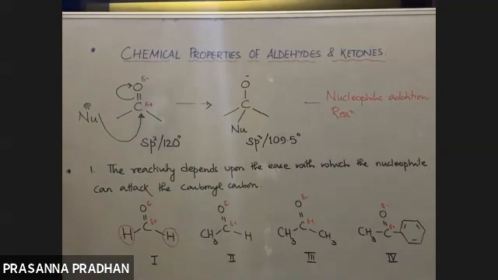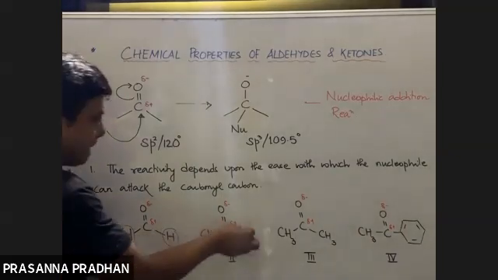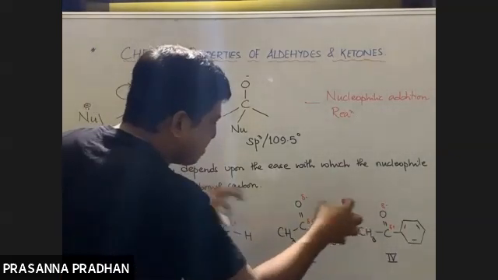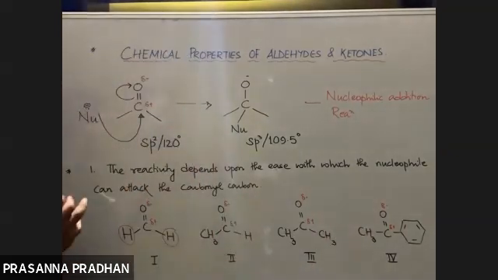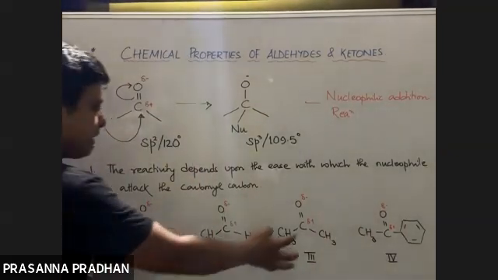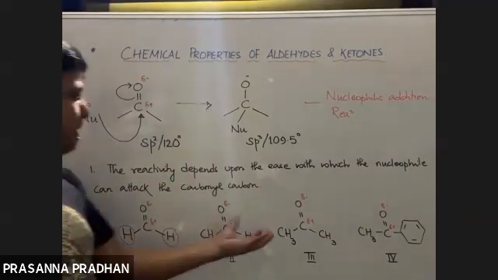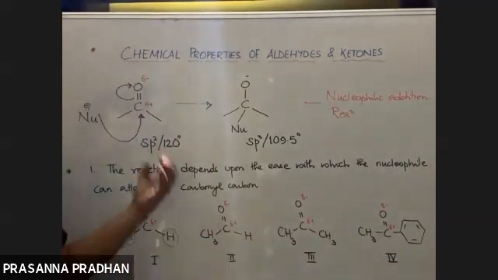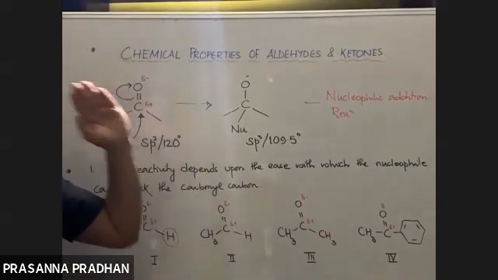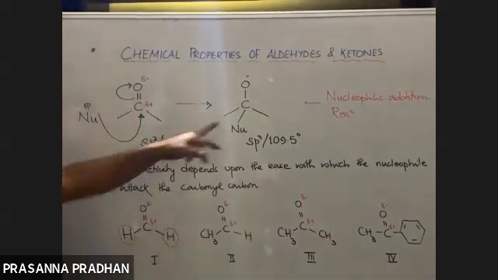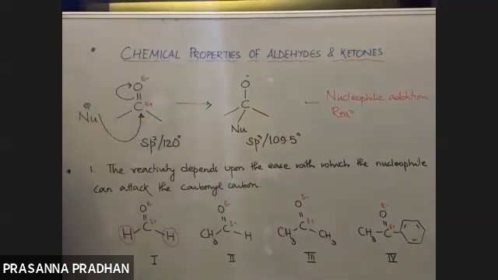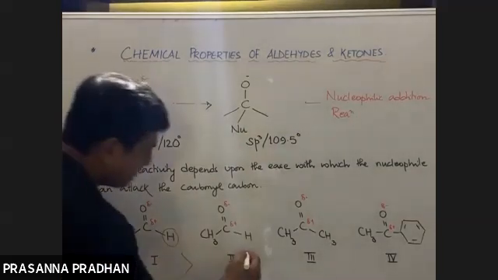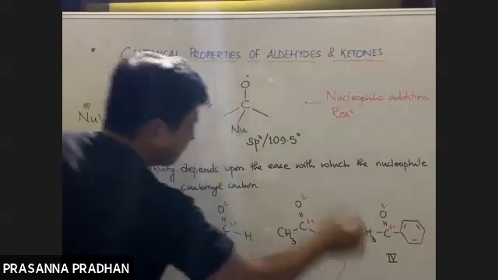Remember the fact that as the group becomes more and more bulky, steric hindrance increases, and the nucleophile has to attack. So as the steric hindrance increases, the reactivity towards nucleophilic addition reaction will decrease. Simple. So what is the order of reactivity? Yes, 1 will be most reactive, followed by 2, followed by 3, followed by 4.